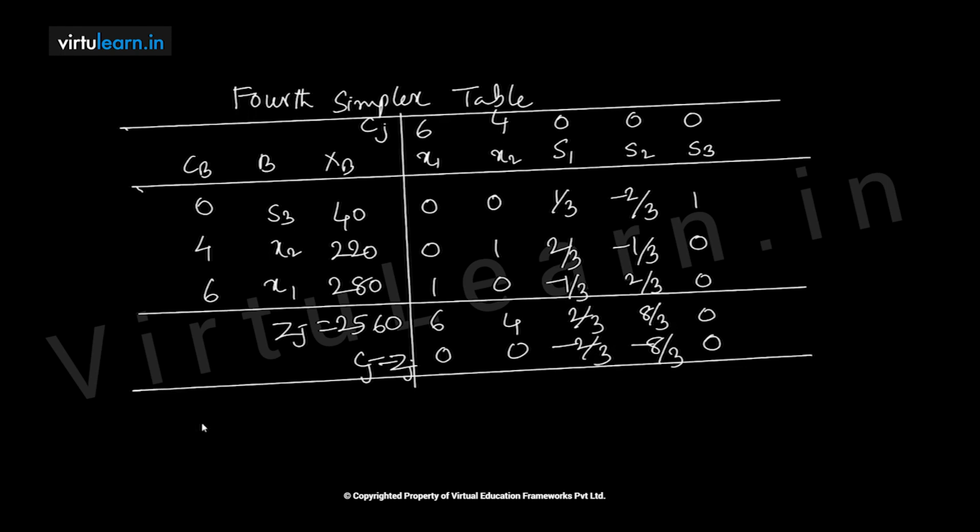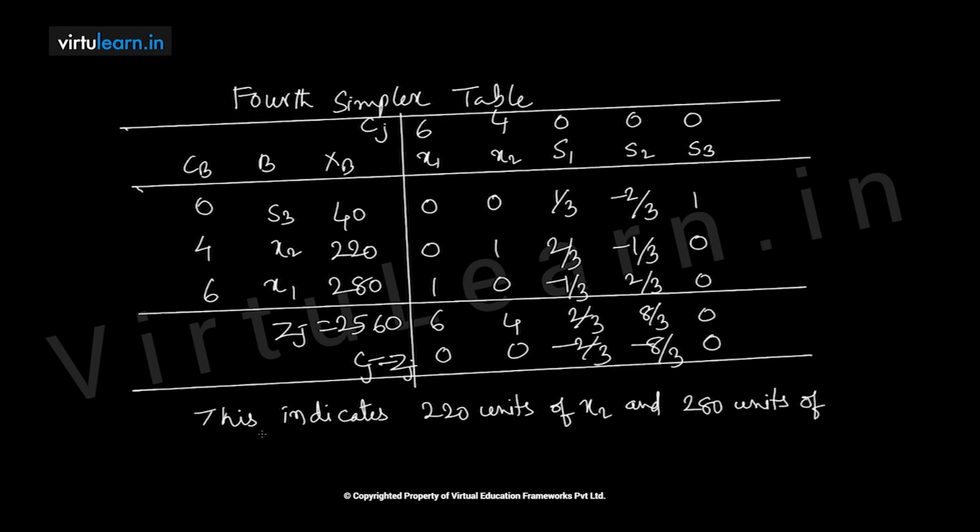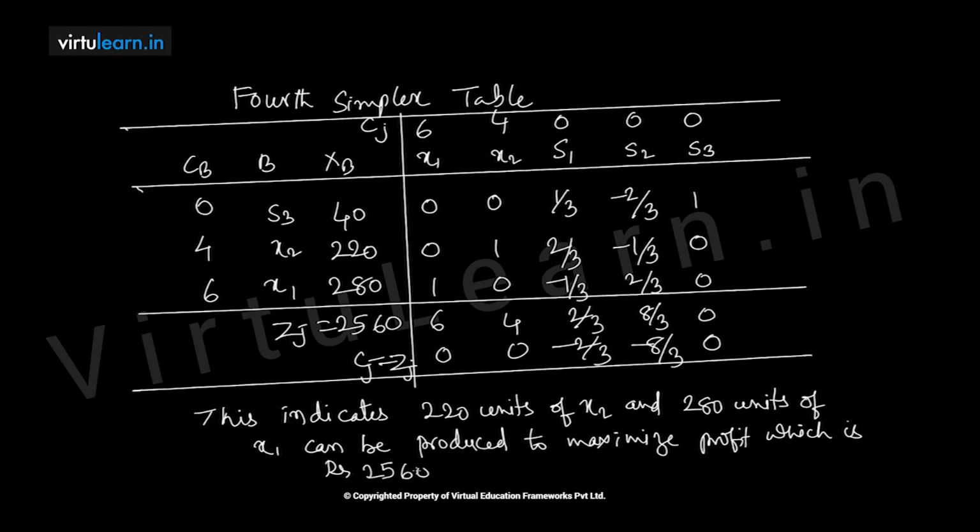Right here. So this indicates 220 units of x2 and 280 units of x1 can be produced to maximize profit, which is rupees 2560.